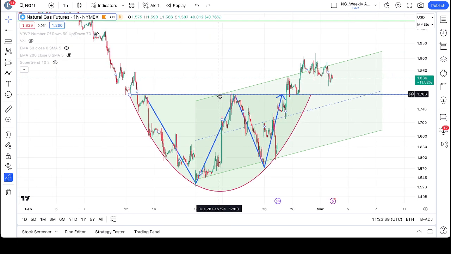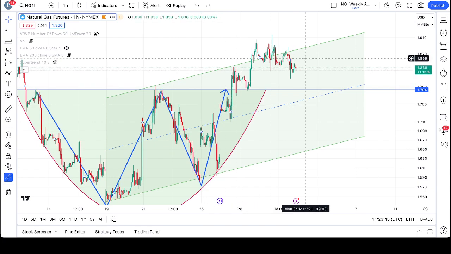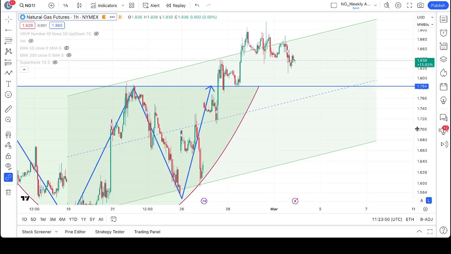Now we have this bullish channel as well, a bigger bullish channel. But at the top here, we tried to break out of the channel, then again were sent back, and now it's trying to consolidate here, or maybe I would say it's forming a smaller bearish channel here. So let us draw that bearish channel.